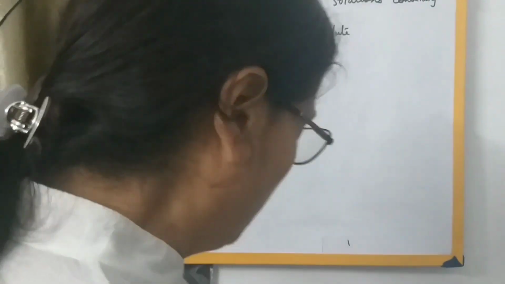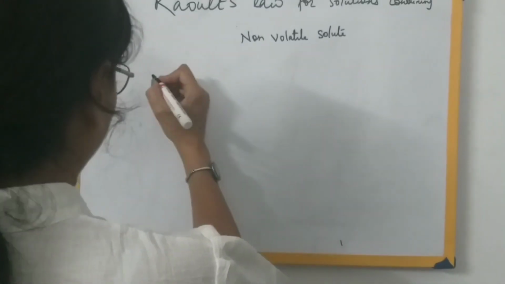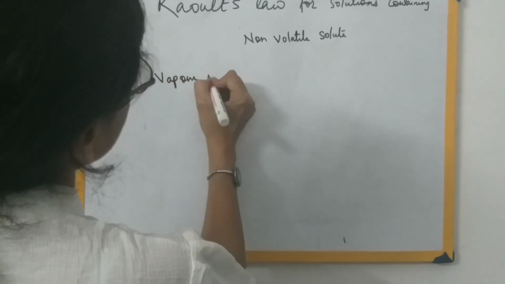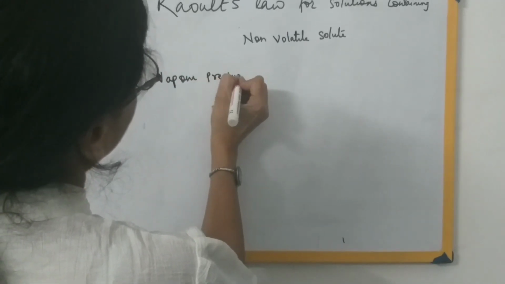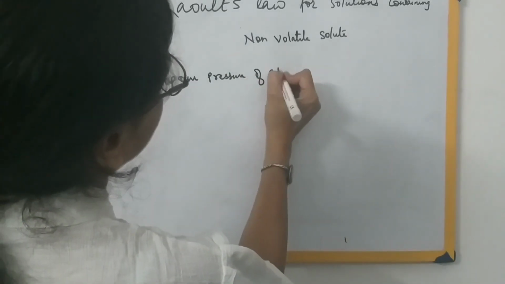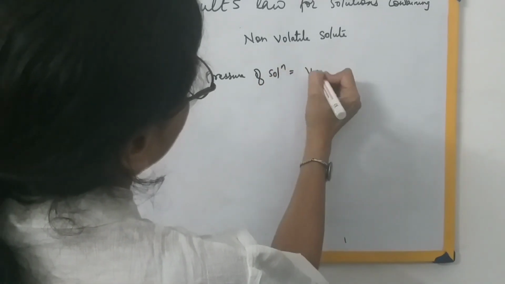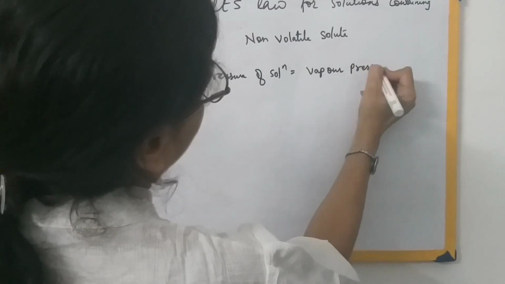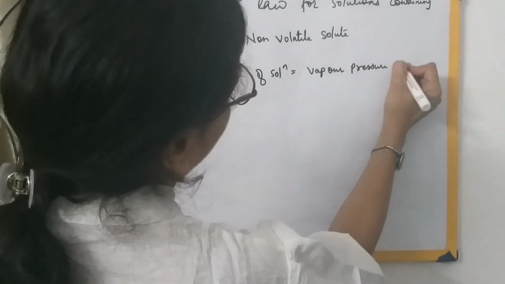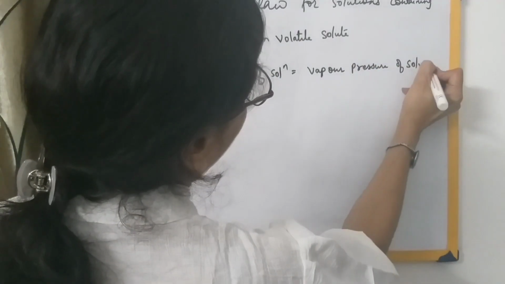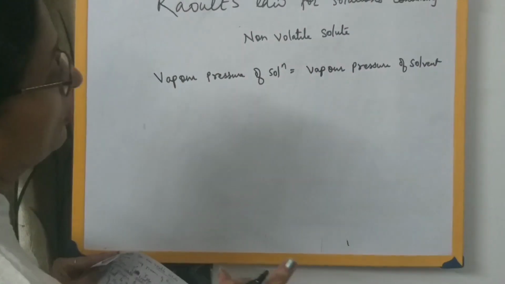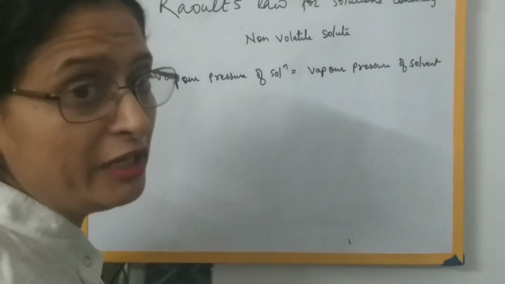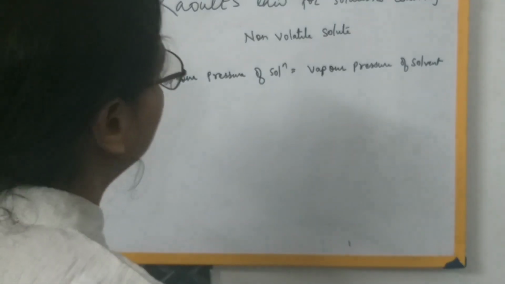Alright, so we can write down over here, that is vapor pressure of solution is equal to the vapor pressure of solvent. Whatever the pressure has been created is due to the pressure of the solvent, where the solute is not taking any part because the solute is a non-volatile solute.